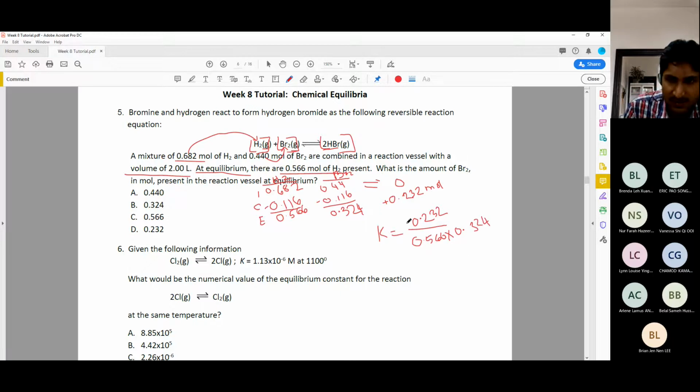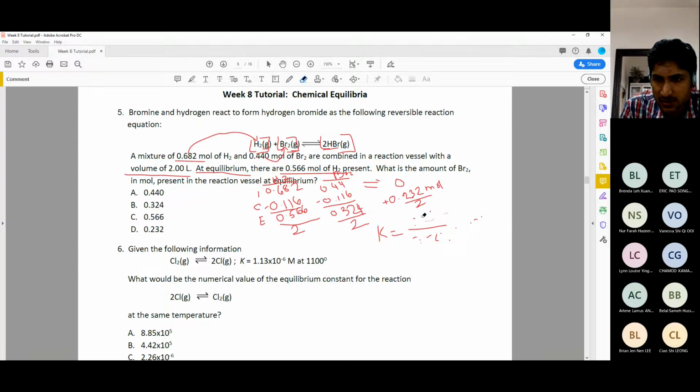Oh, sorry, I made a mistake. We have to convert to concentration. This is a number of moles, so we have to divide by 2, the volume. Only then will we get the concentration, and then we put that value here. In that case, you will find the value for this is 0.324.